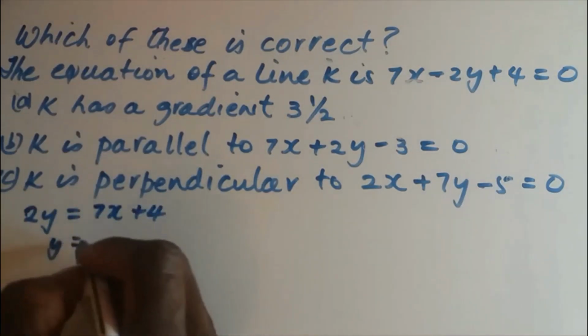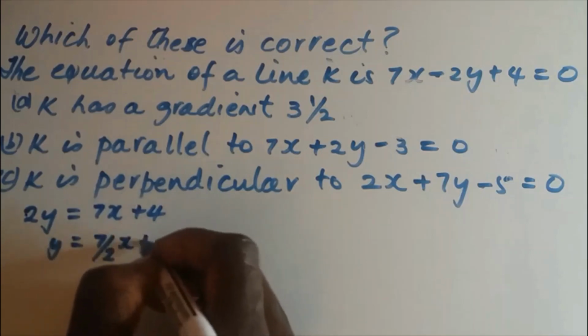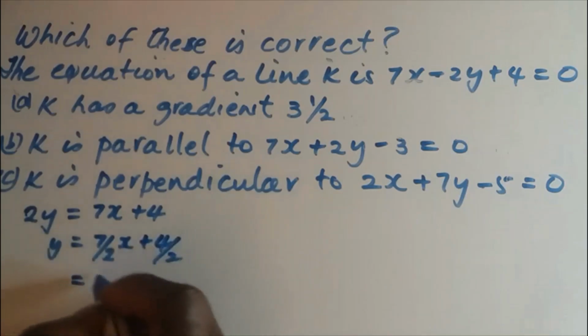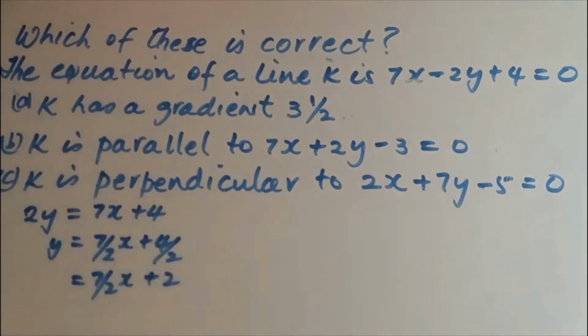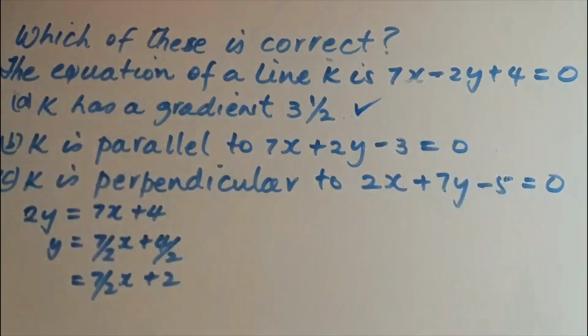So y is equal to 7 over 2x add 4 over 2. So that's 7 over 2x add 2. So our gradient is indeed 3.5, same as 7 over 2. So we know that this statement is correct.